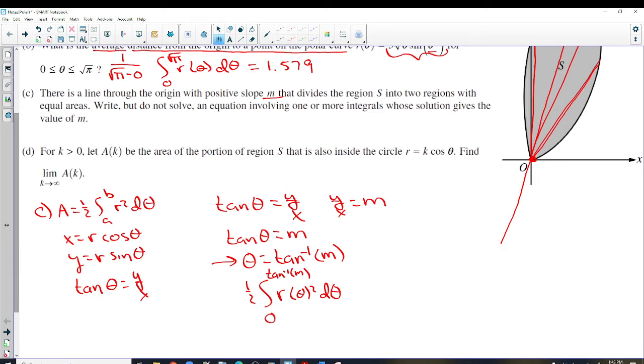We want that to equal half of the area, so 1/4 times the integral from 0 to square root of pi of r(θ) squared dθ. So where is that angle that would cut the area in half? How far would we go to get half of the area?